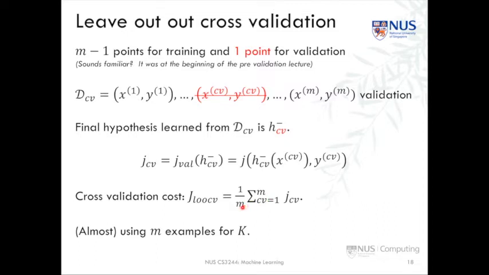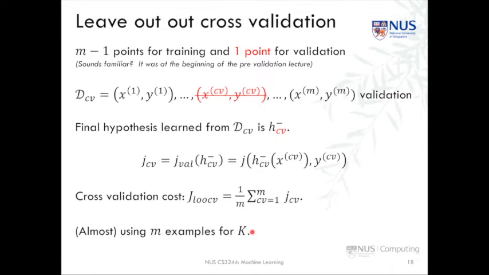We would average all of those costs to get an average cost, which would be our leave one out cross-validation cost. This is the case where we're almost using all m examples for k, because we are going through all k points and using them each in turn as a single point for testing and validating on a total set where k equals the size of m.